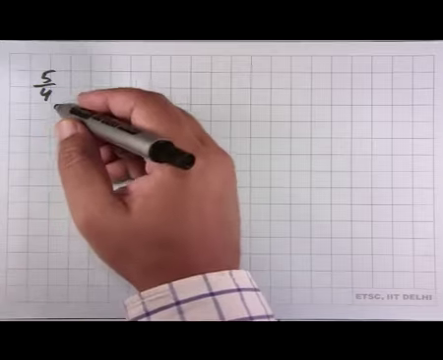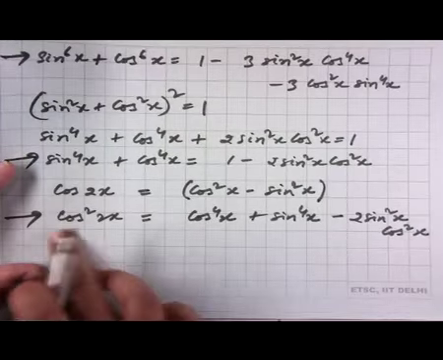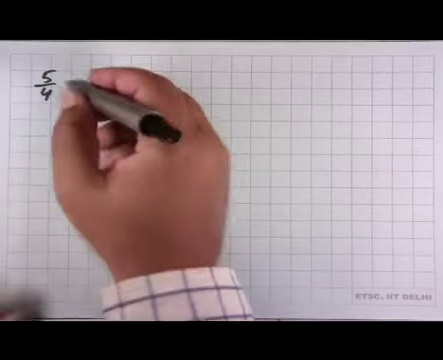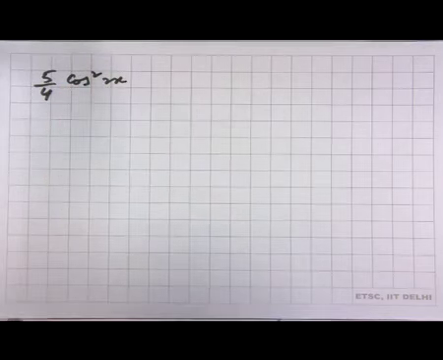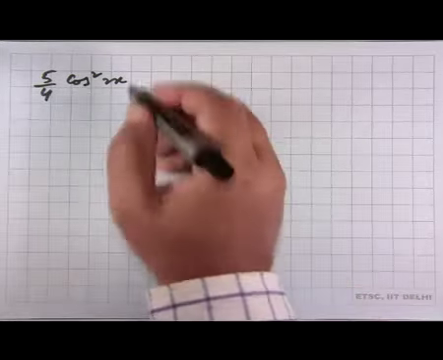Let us not use the right hand side for this, let us just keep it as cos square of 2x at the moment. So, we still keep it as cos square of 2x, and then we have cos 4x, sin 4x, cos 6x and sin 6x.